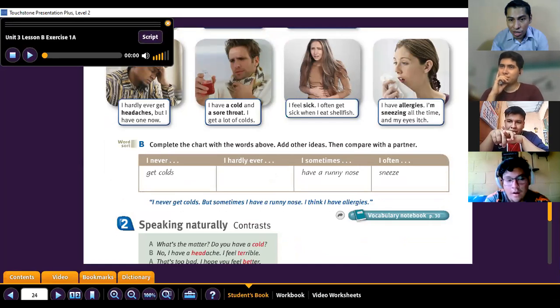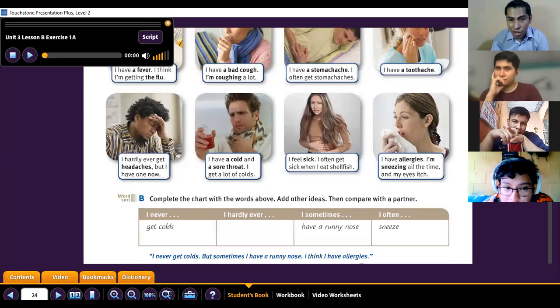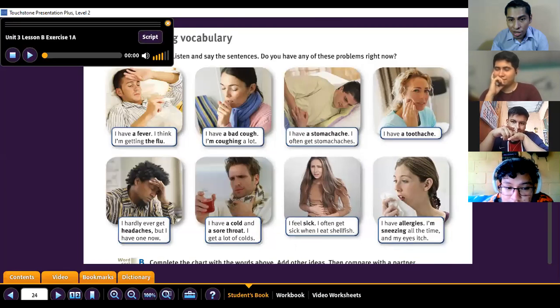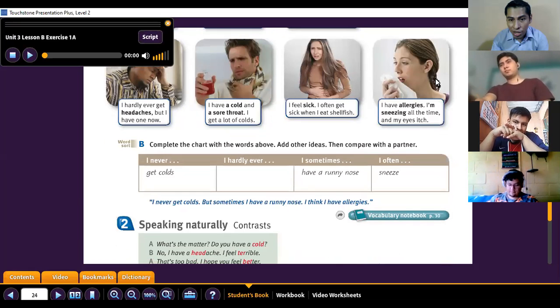In my case, I never get a stomach. Stomach, estómago.